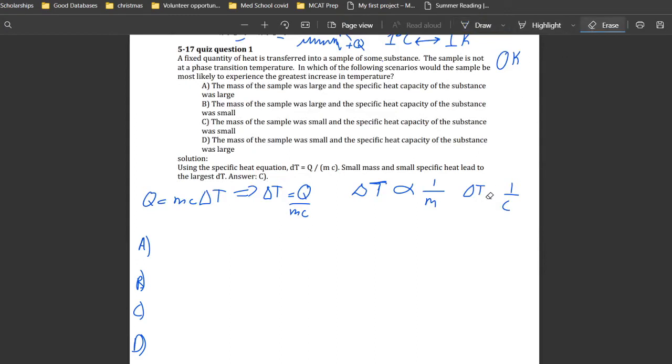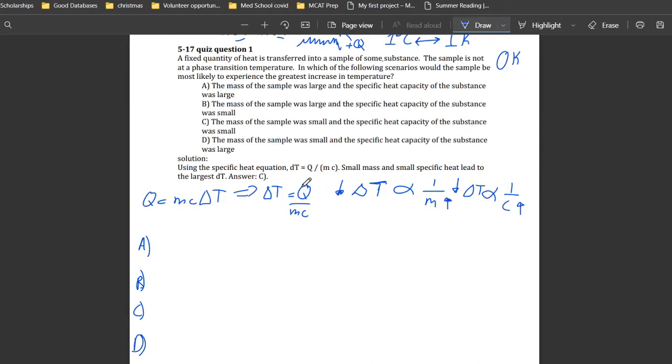So given that information, it's safe to say that as the mass of the compound increases, the change in temperature decreases. And likewise, as the specific heat increases, the change in temperature decreases as well. And we can reverse this. As the mass of an object decreases, the change in temperature increases. And if the specific heat is lower, then the delta T, the temperature change, is greater as well.